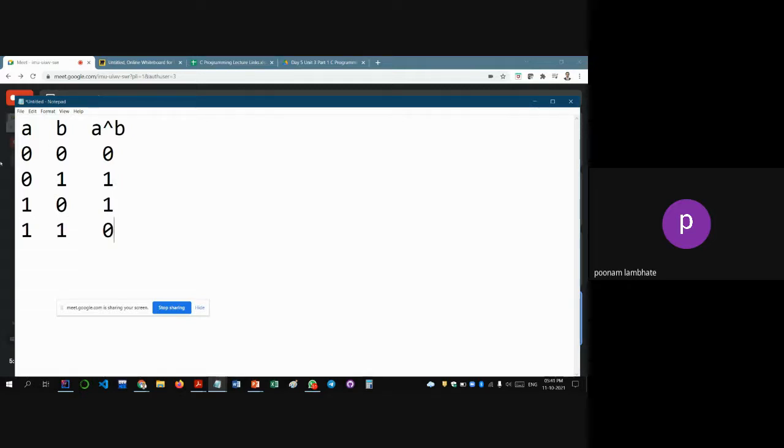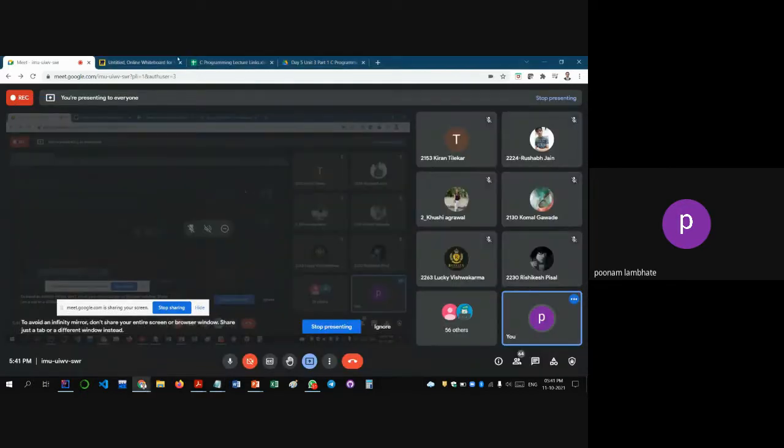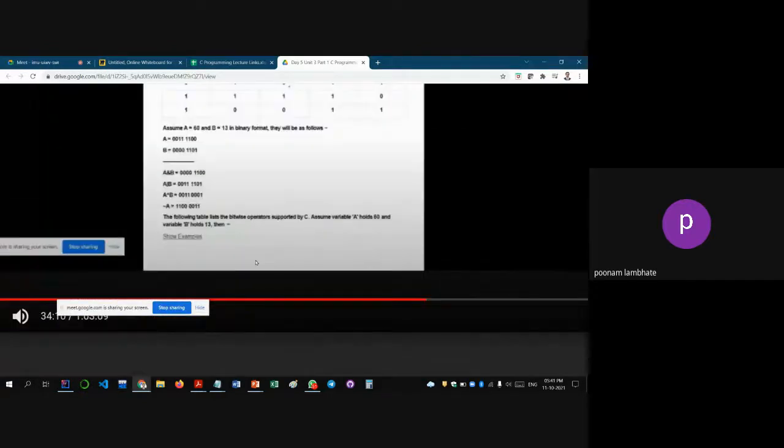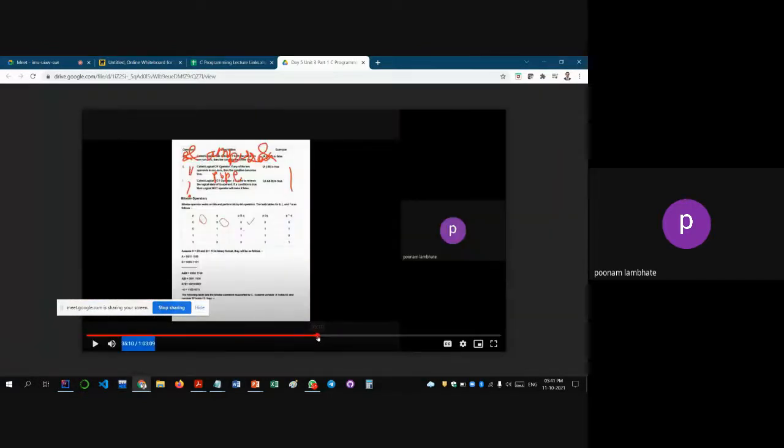So when is the output false? When both are false or both are true. If any one is true, then the output is true. This is what is happening in that table. You can go through this.